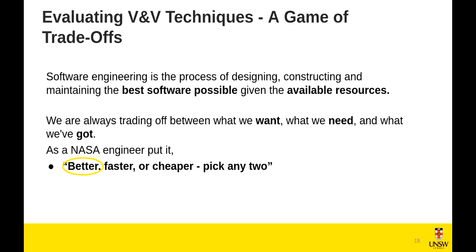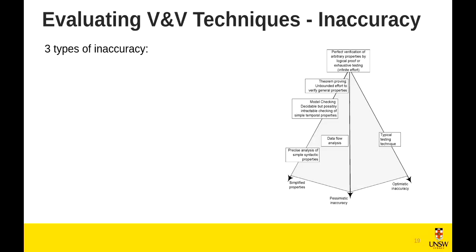Normally we do have time constraints and we do have budget constraints, but we don't have a clear definition of what is better in most cases, and there's no perfect software. So in most cases, better is sacrificed, and we must accept some degree of inaccuracy for software or program analysis. And talking about this inaccuracy, there are actually three types of inaccuracies.